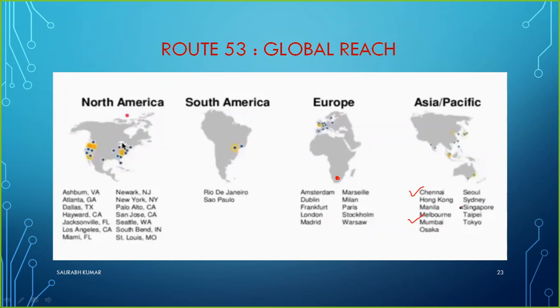Then we have Singapore, Tokyo in Japan, Hong Kong, and Manila. So these are all in Asia Pacific. This is all about the Route 53 global reach, where AWS Route 53 is already available. So that was all about Route 53.